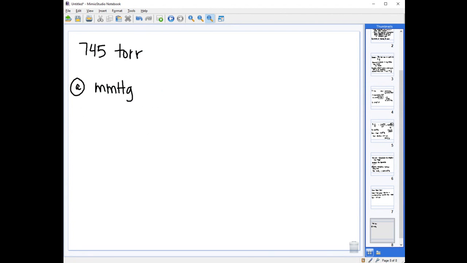Well, torr and millimeters of mercury are equal units. So 745 torr equals 745 millimeters of mercury. They're the same unit, so there's a 1-to-1 ratio between torr and millimeters of mercury.